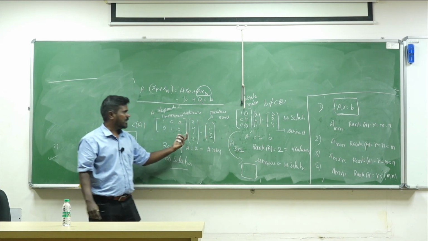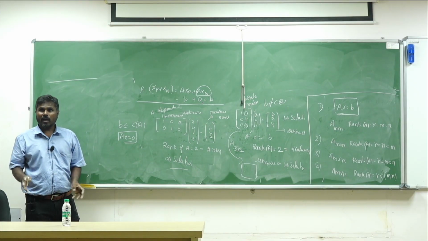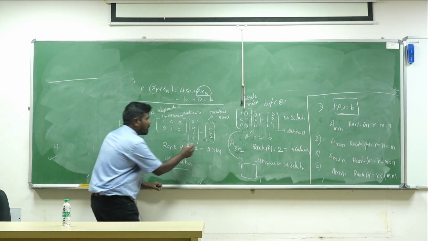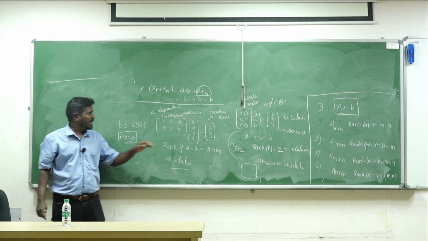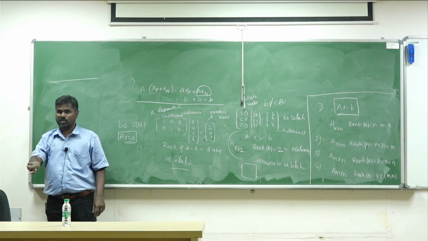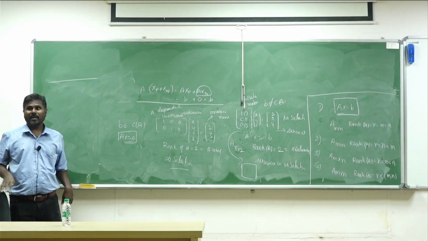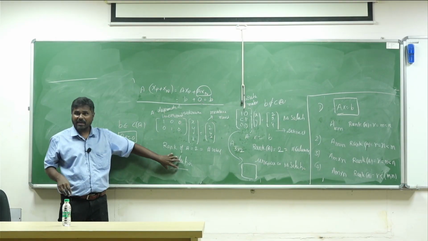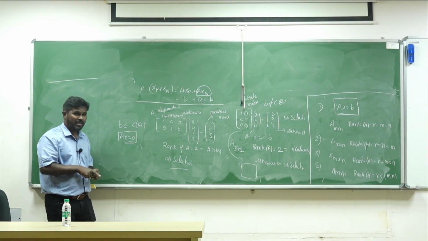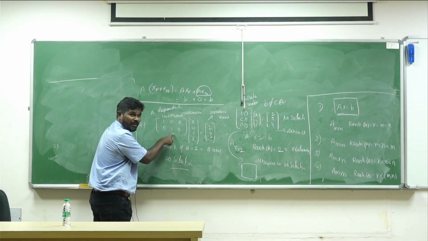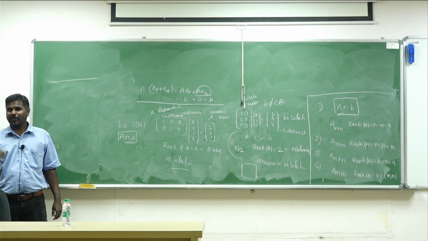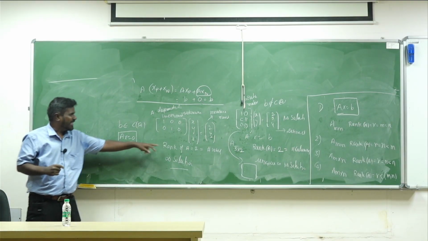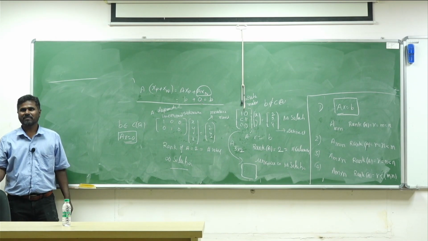And this is the underdetermined system, meaning the number of measurements that you get is always less than the number of unknowns. The assumption is that this is a full row rank matrix. If it is a full row rank matrix, then you have infinite solutions.